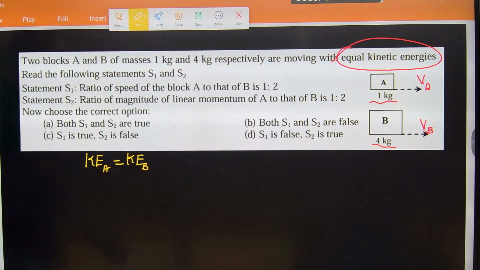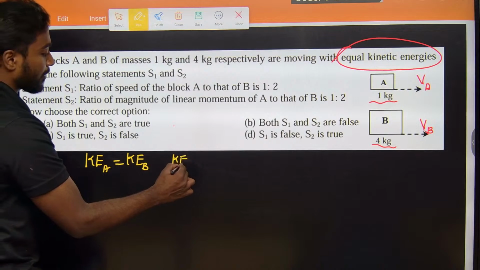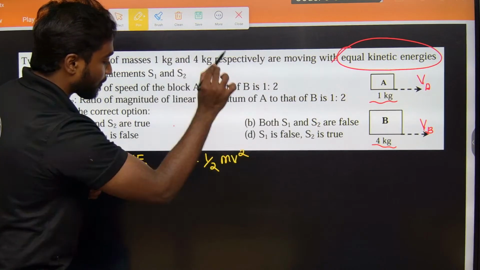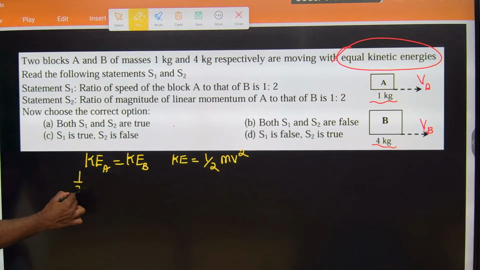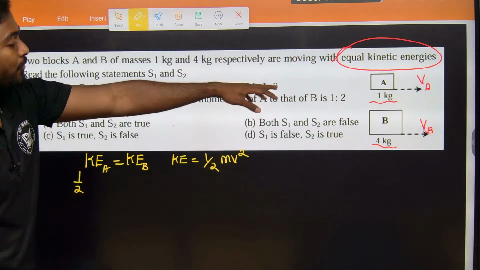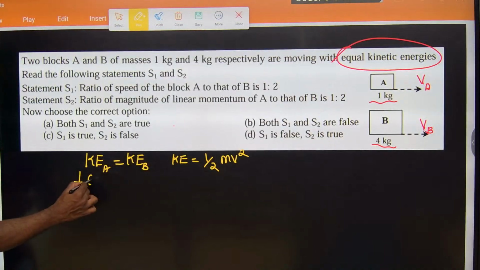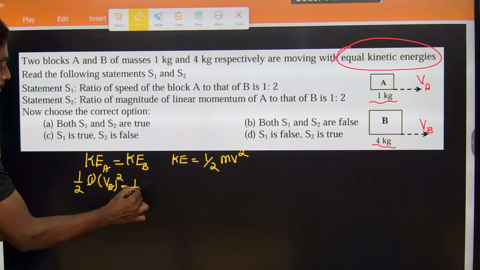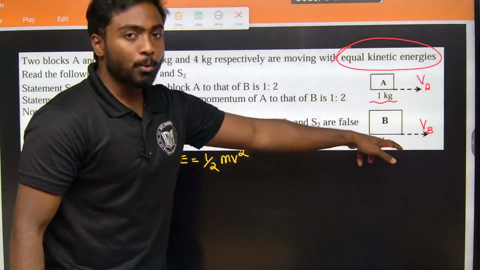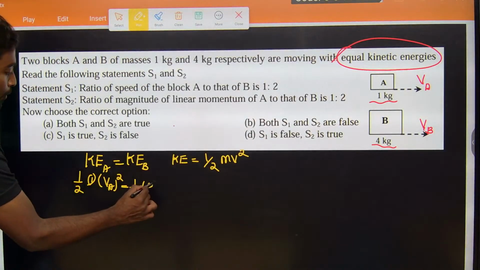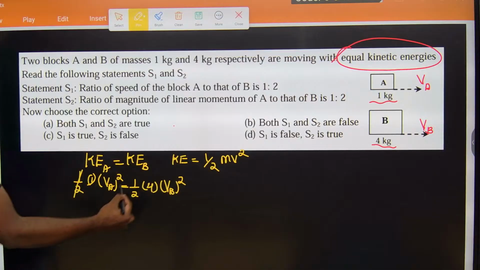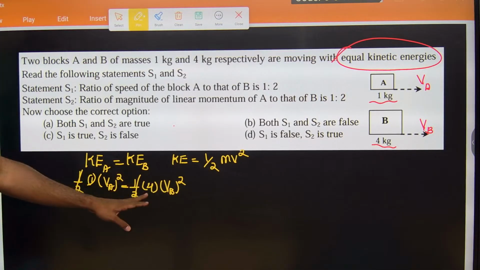What is the formula? Kinetic energy is half mv square. So half, the mass of block 1 is 1 kg, 1 into VA the whole square, should equal half, mass of block 2 is 4 kg, 4 into VB the whole square. The half gets cancelled out.